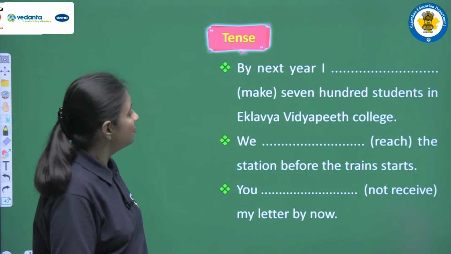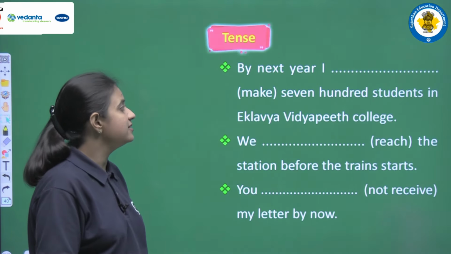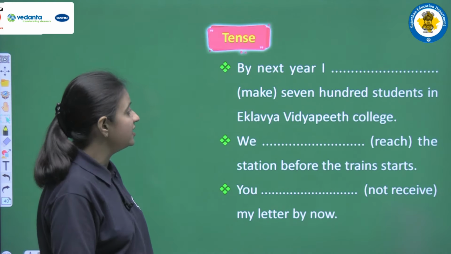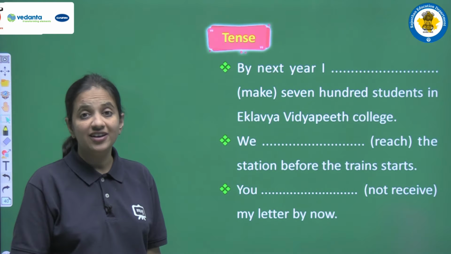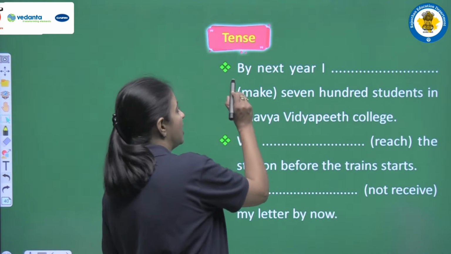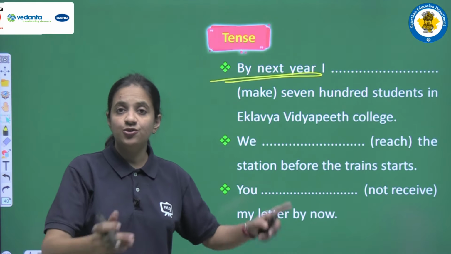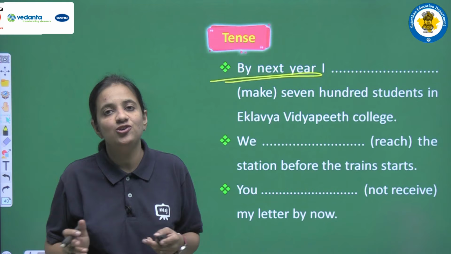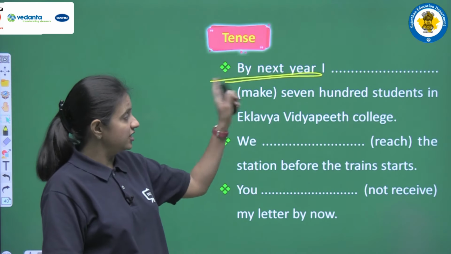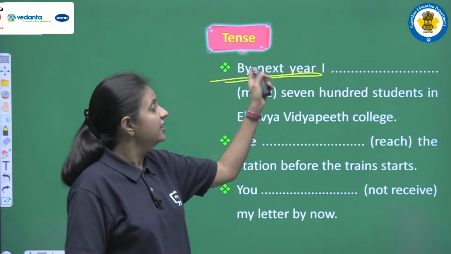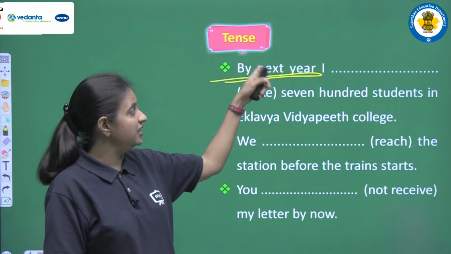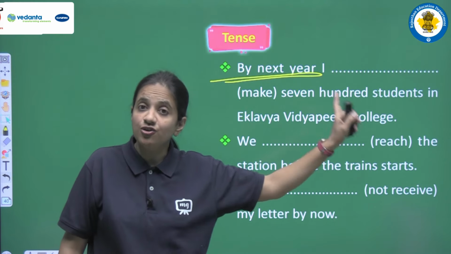Next we are having some more examples. So let's see. By next year, I make 700 students in CET GV College. Again in this sentence, we are having by plus future time. So students, just focus on this sentence and try to observe the difference. It is not necessary that by plus time will be there at the end of the sentence.